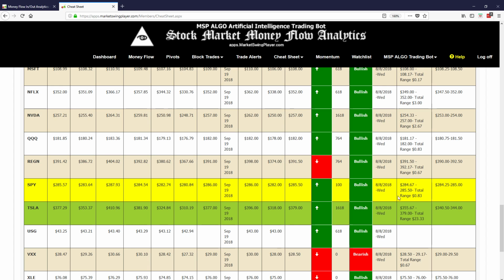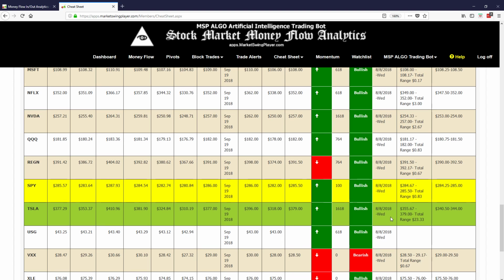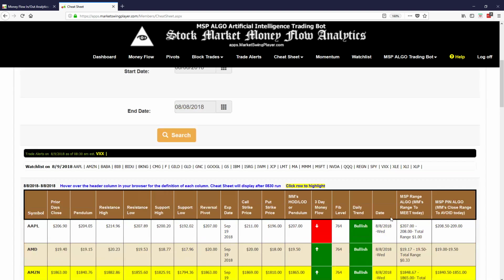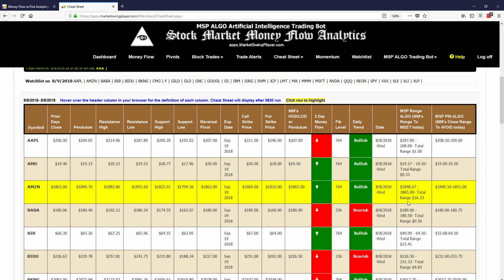So what that means is that is the range that price should travel today. It may do more, it may do less, but at least it should do it most of the time. Okay, so our focus is looking at the cheat sheet to look for what range a stock can travel for the day, and if we want to play that stock, if that is our trading strategy, playing MSP Range Algo, and we want to use it in combination with the reversal pivot.